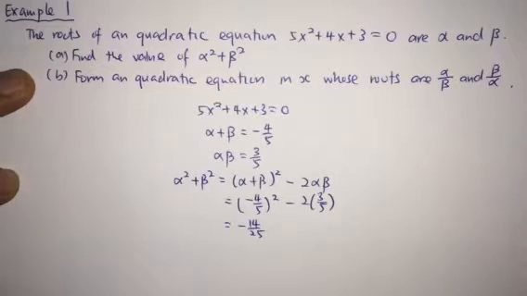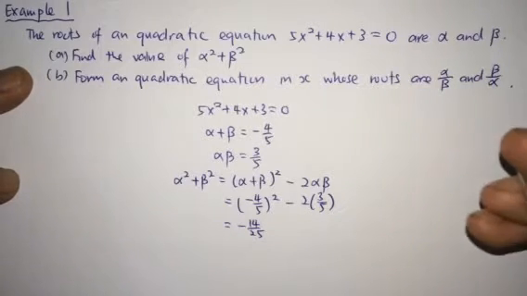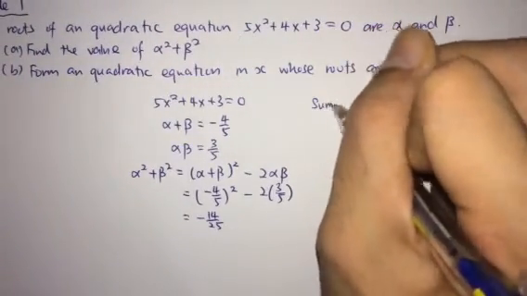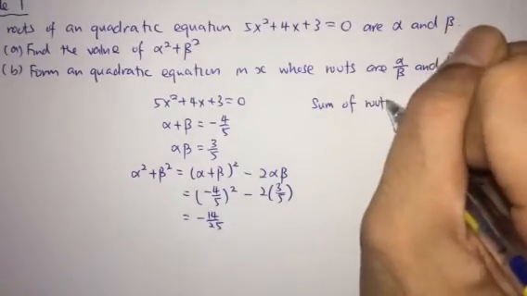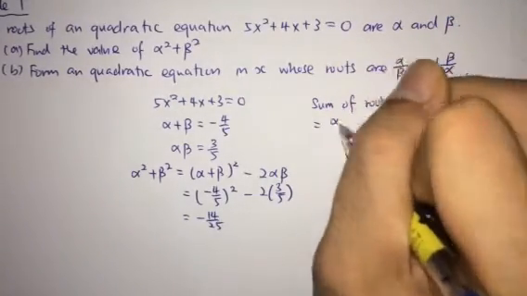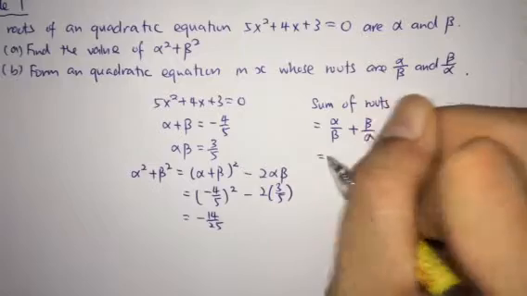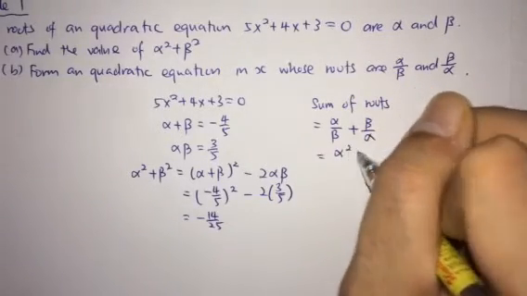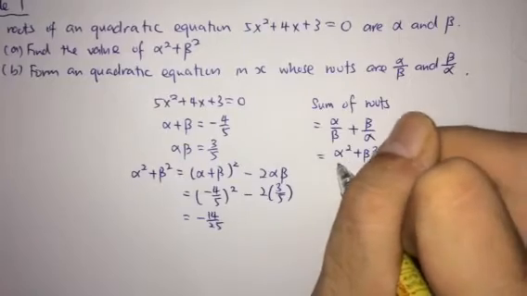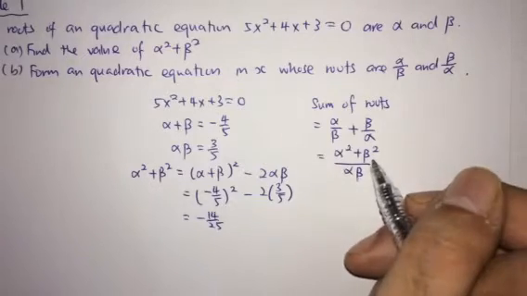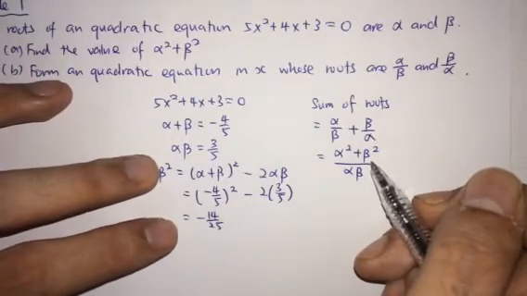B. Form a quadratic equation in x whose roots are alpha over beta and beta over alpha. Once you are asked to form a quadratic equation, we need to find two things. The first thing is the sum of roots. The sum of roots will be alpha over beta plus beta over alpha. We always simplify this by combining into one fraction, or by factorization. Once you simplify it, you realize that everything you are required to find is on the previous equations.